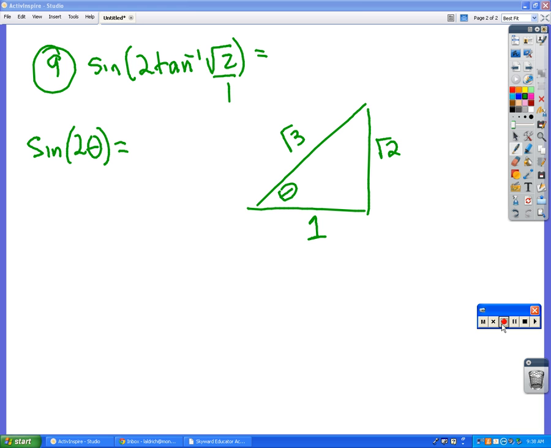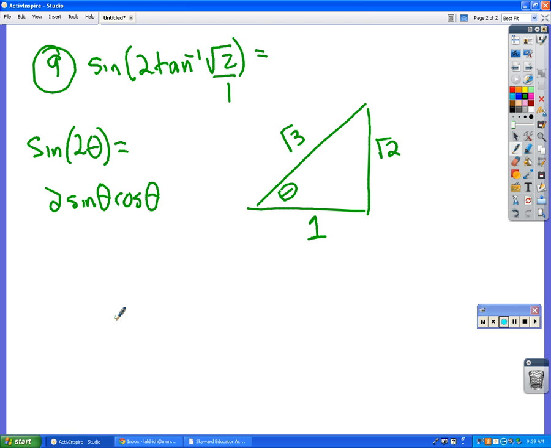So the double angle identity for sine is 2 sine theta cosine theta. All the steps that I just told you still apply. We took this and used it to make this triangle.